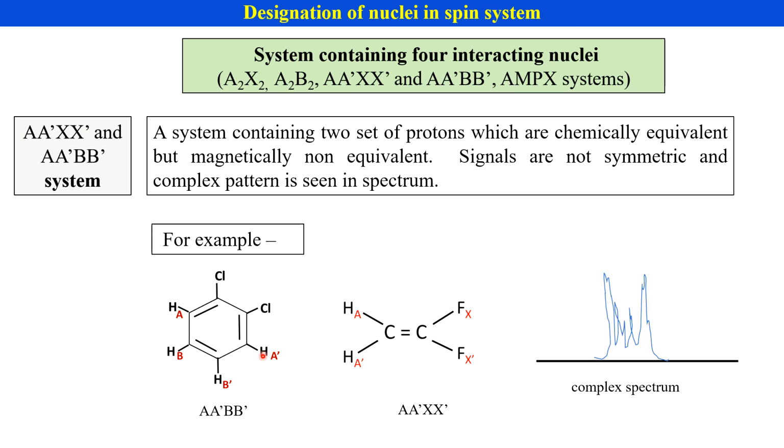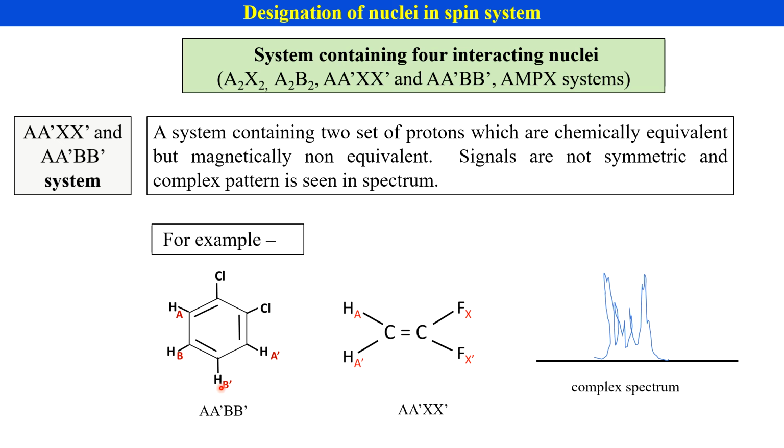That is, A and A' are chemically equivalent protons but magnetically non-equivalent, as the coupling of HA with HB and HA' with HB is not the same. This is the ortho coupling, this is the meta coupling. Therefore, although they are chemically equivalent, they are magnetically non-equivalent.